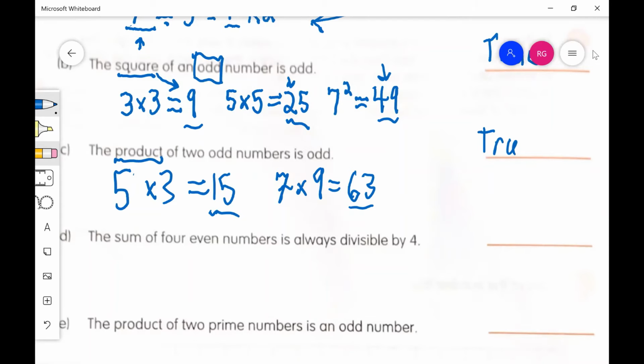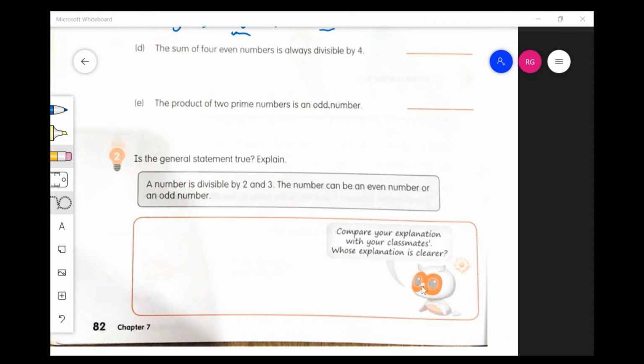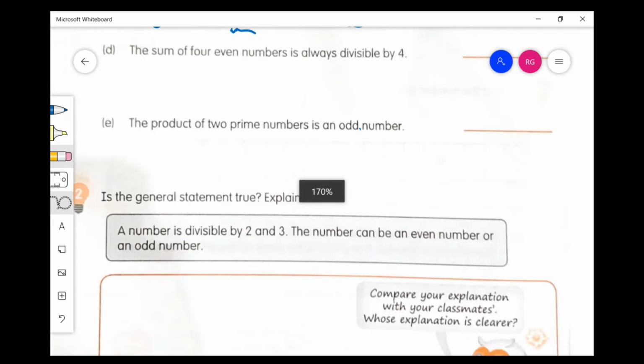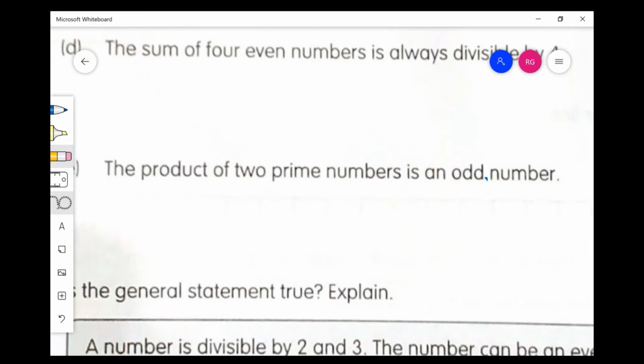Okay, let's keep going. All right, here it says the sum of 4 even numbers is always divisible by 4. Let's try a few examples and see what we get. If we try 2 plus 4 plus 6 plus 8, that would equal 14 plus 6 equals 20.